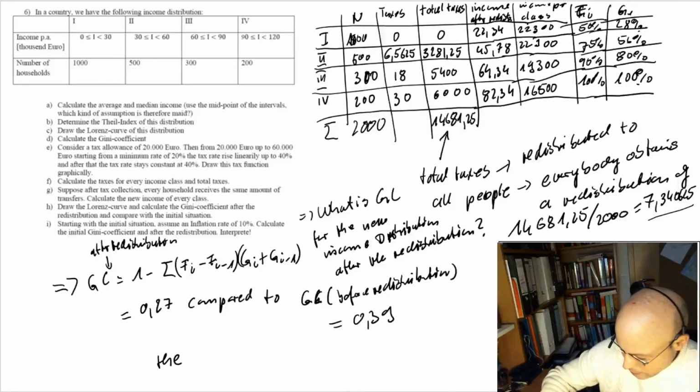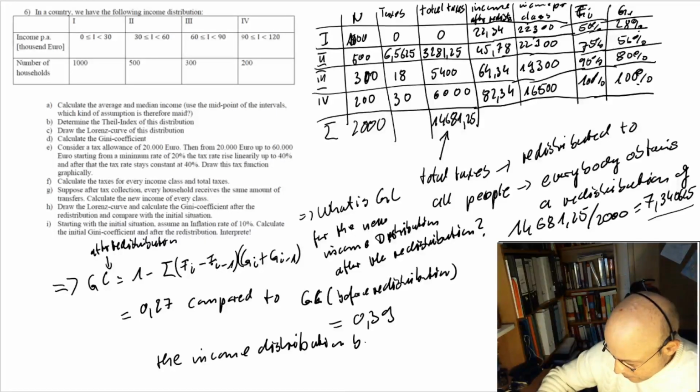The income distribution became much more equal.